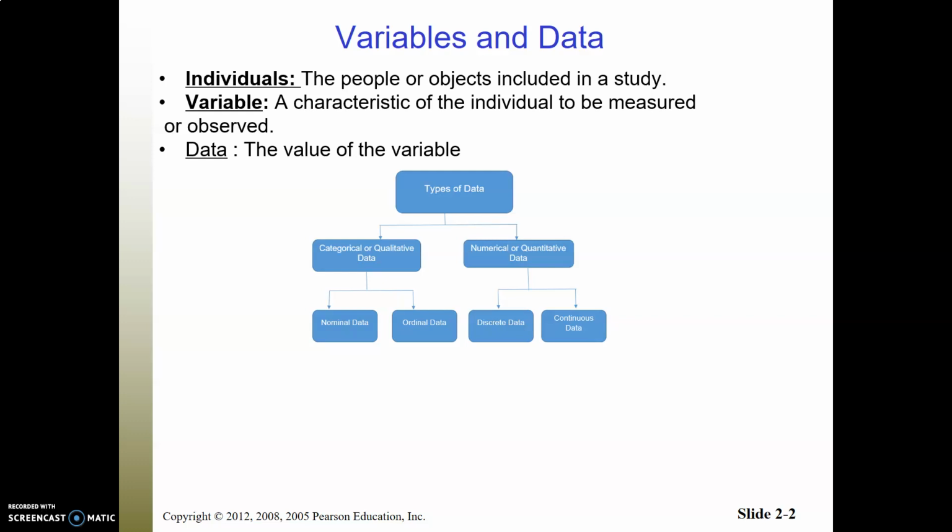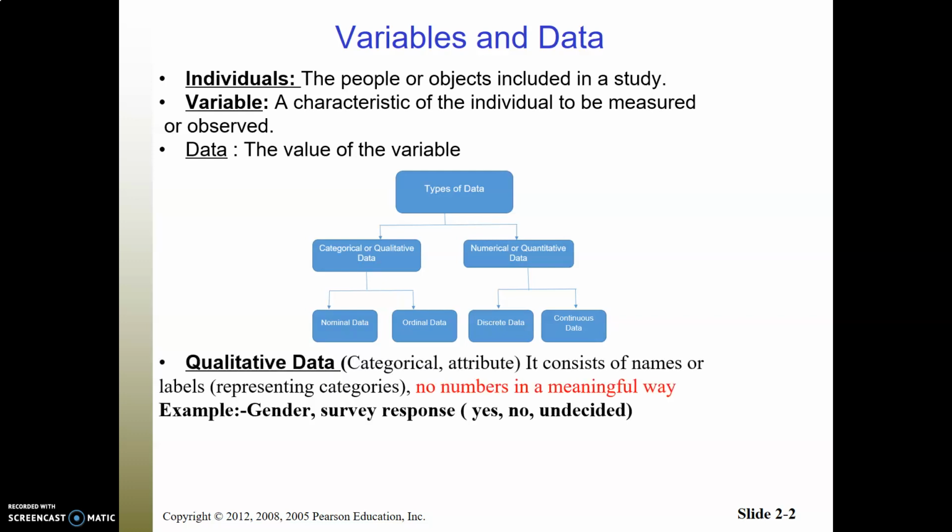Let's first understand the two different types of data. One is the qualitative data. Look at the name, qualitative data. It's a quality. It consists of names or categories that represent labels, but they don't consist of numbers in a meaningful way.